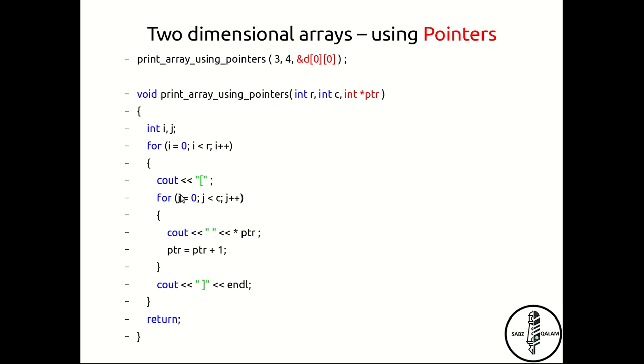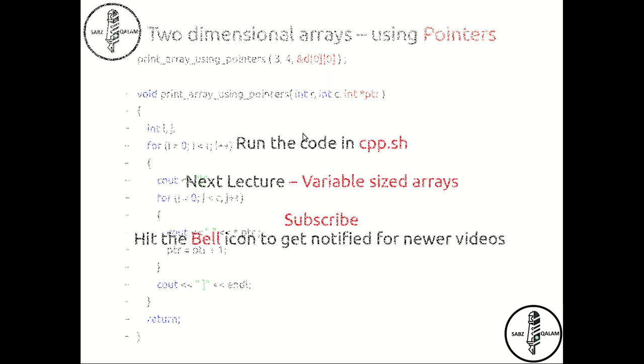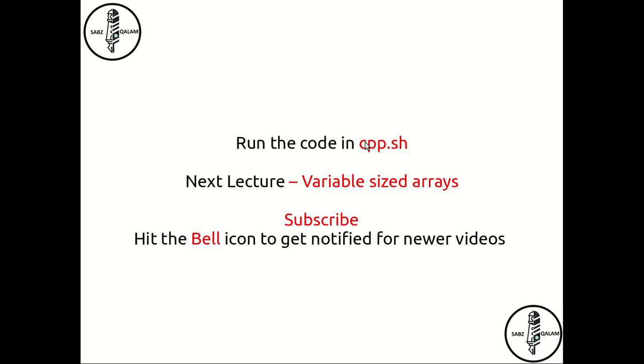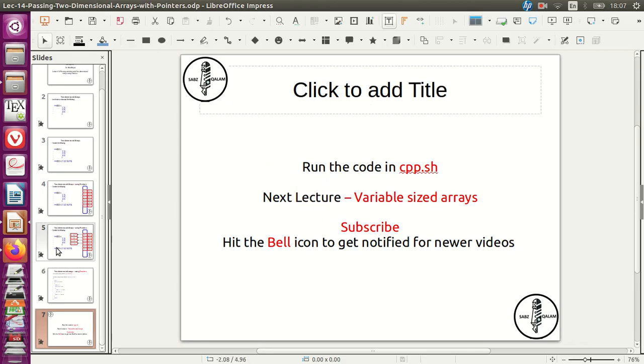So when we start printing this, I corresponds to the number of rows, J corresponds to the number of columns. We just print the contents of the location where the pointer is pointing to, and then increment the pointer, and when we come again, we again print the contents, and then we increment again. Let's try running this code in cpp.shell.